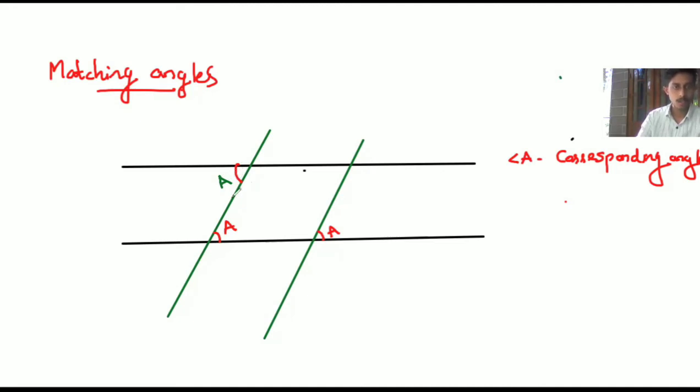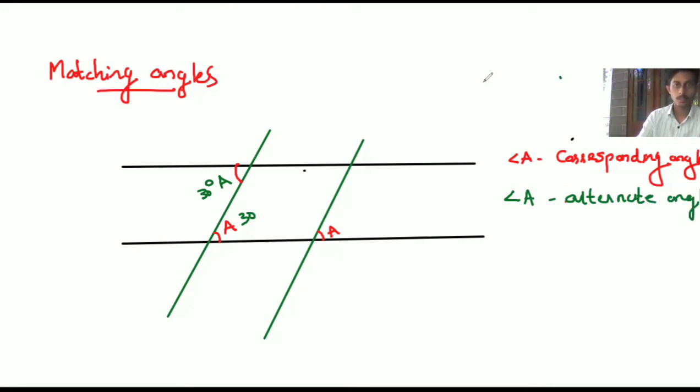Okay, alternate angles. So if it is 30 degrees, this is also 30 degrees. So which is said to be alternate angles.